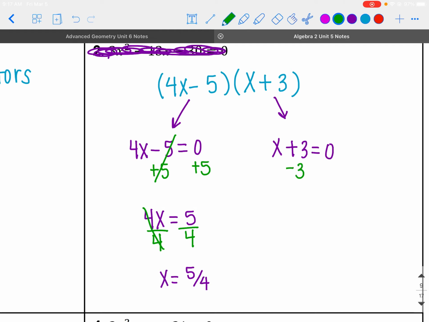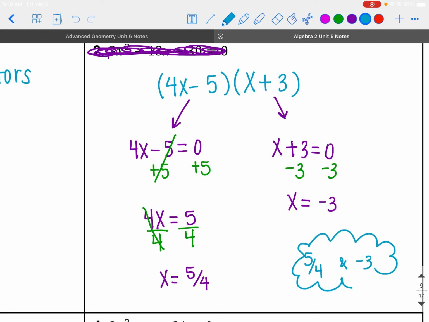The other one, we subtract 3 from both sides, giving us x equals -3. So the x-intercepts are 5/4 and -3. I prefer that you leave these as fractions, so don't divide 5 by 4 and get a decimal. Just leave it as a fraction.